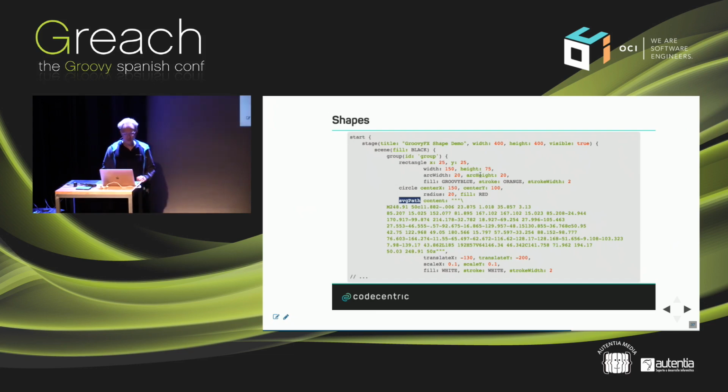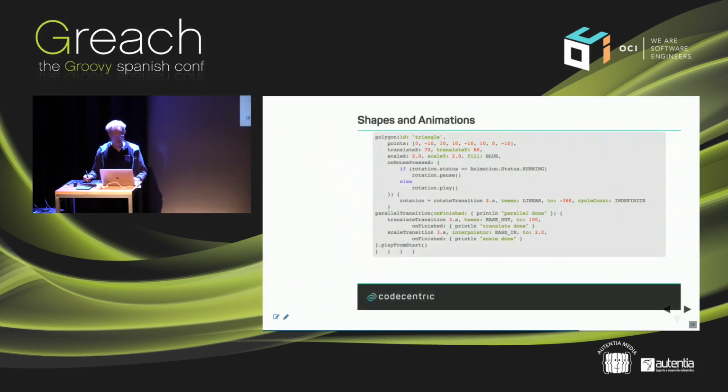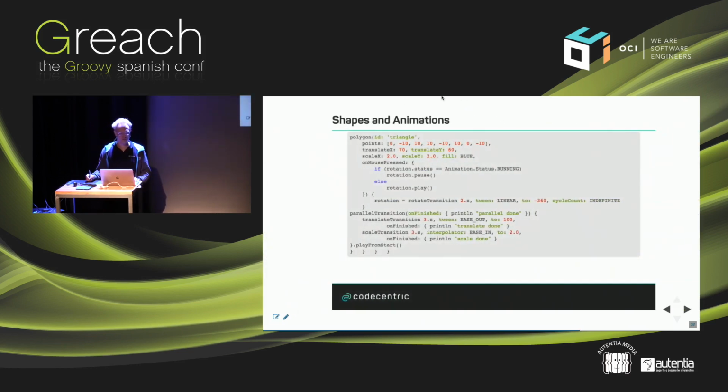And you can also add translations, so animation stuff. Like for example, here I have this polygon, this triangle. A triangle is not a default shape, so I have to do it as a polygon or as a path.